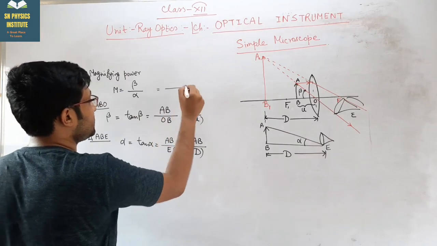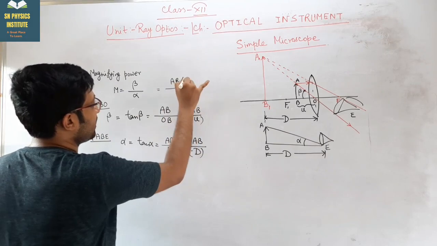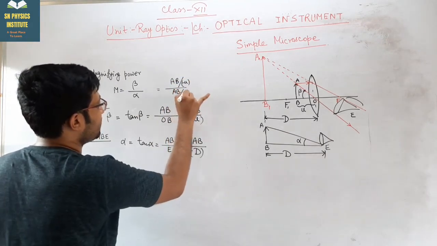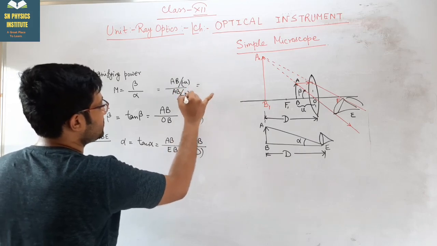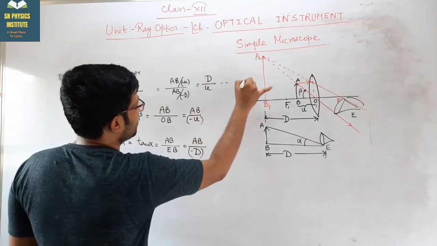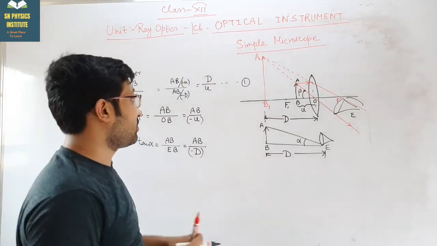So beta is equal to AB by minus U, and alpha is equal to AB divided by minus capital D. So it becomes D by U. This is equation number 1.